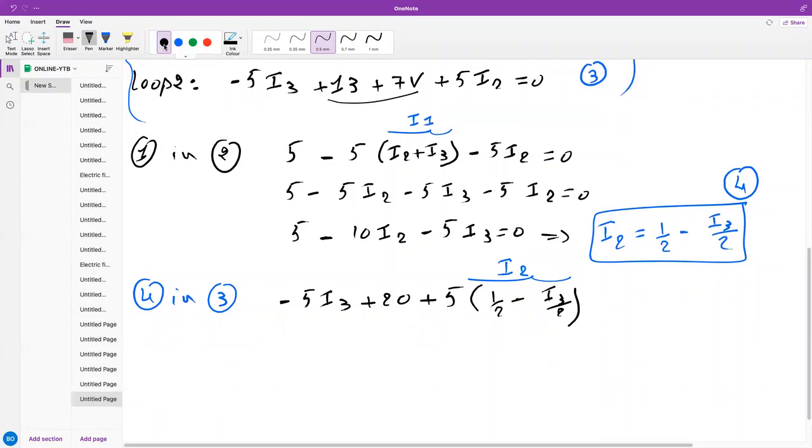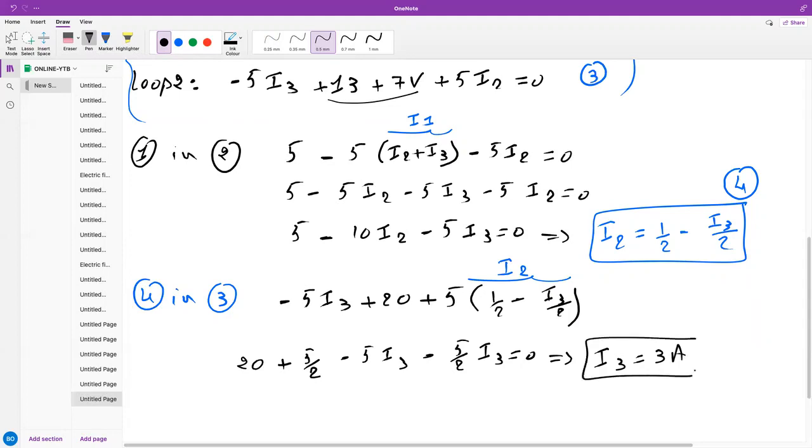It will give me 20 plus 5/2 minus 5 I3 minus 5/2 I3 is equal to 0. You just do the sum, and you can easily see that I3 will be equal to 3 amps.